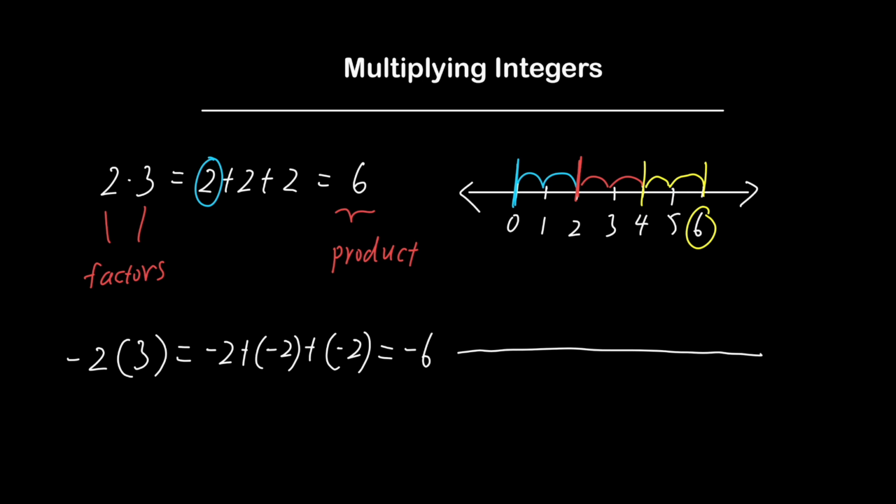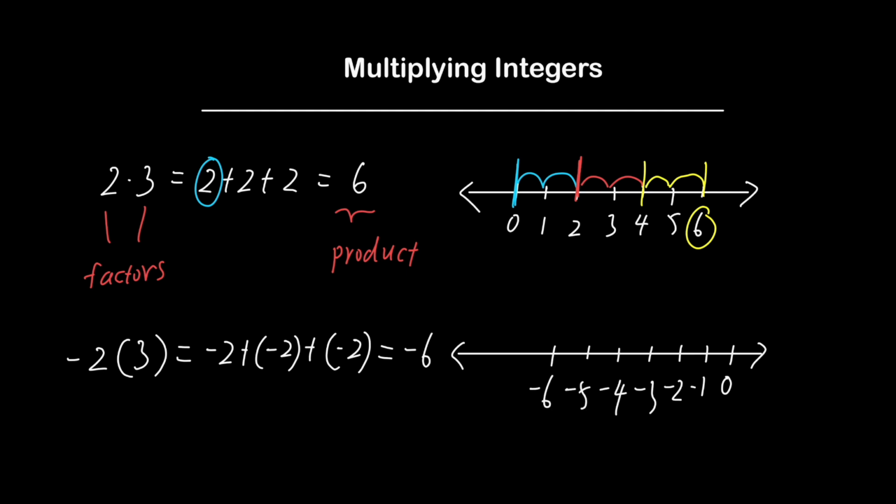And you can tell on this number line, this is 0, -1, -2. So always we start from 0. Since -2 is negative, we're gonna move to the left 2 units. 1, 2.